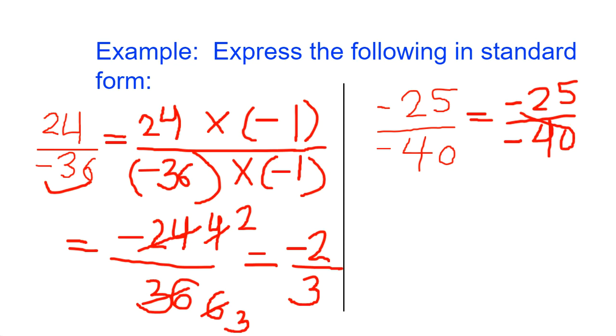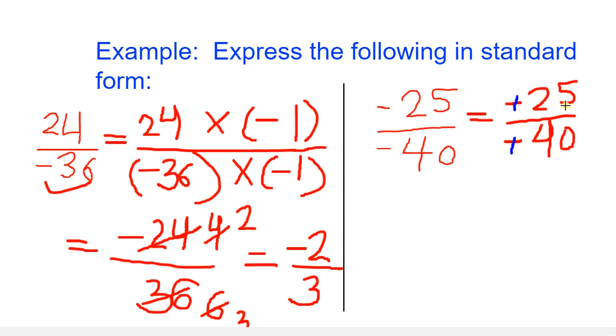Or what can I do? I can just cancel out the negative signs together, because we know the rules for division of integers, which says when a negative integer is divided by another negative integer, my answer is positive.